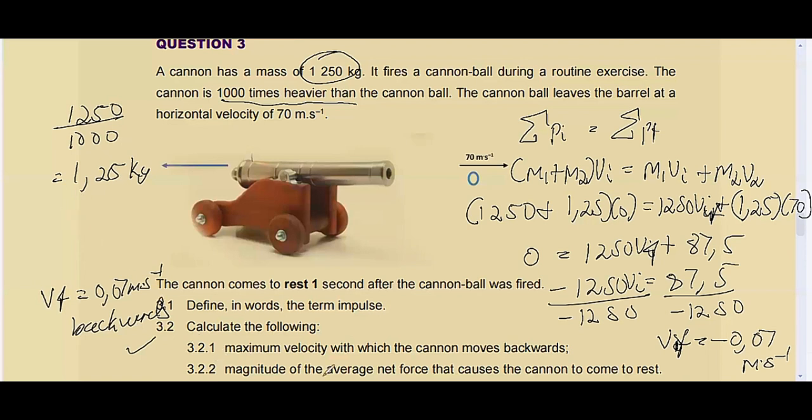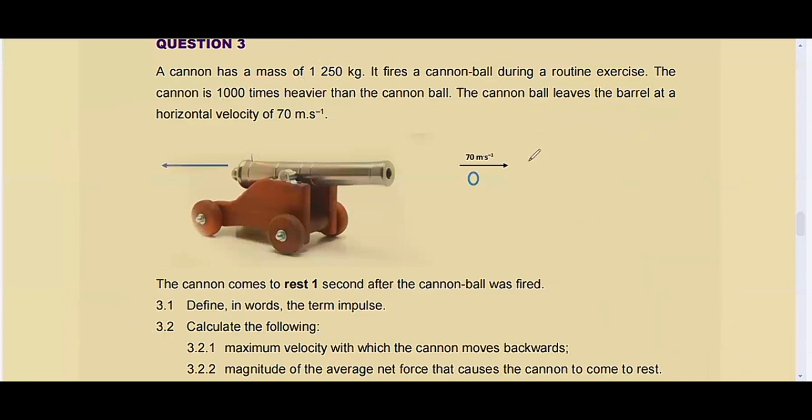Then, okay, 3.2.2 says magnitude of the average net force that causes the cannon to come to rest. Right. So what can we do to calculate that one? We have our formula here, which is F net equals change in P over change in t, right? Breaking it down, that's m(Vf minus Vi) over change in t, right?